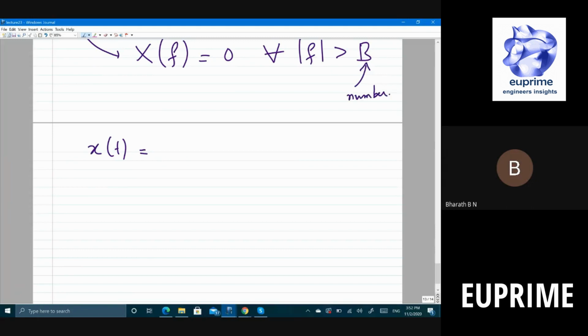Okay. So now x of t can be written as a summation over all n. Interestingly, this can be written as x of n by 2b sinc of 2bt minus n.